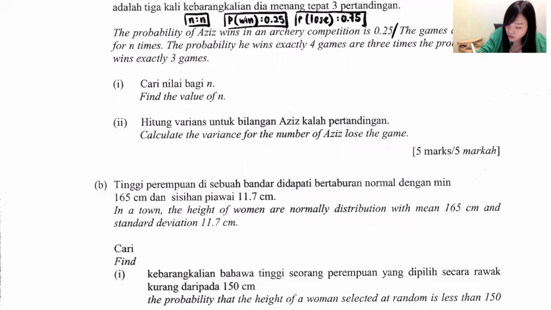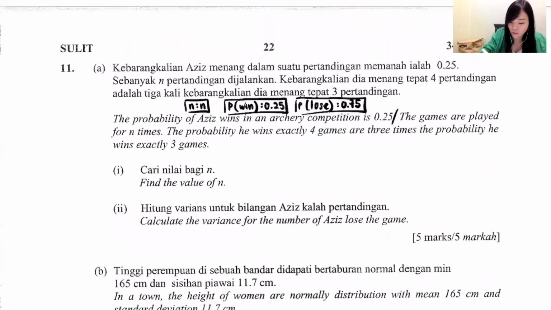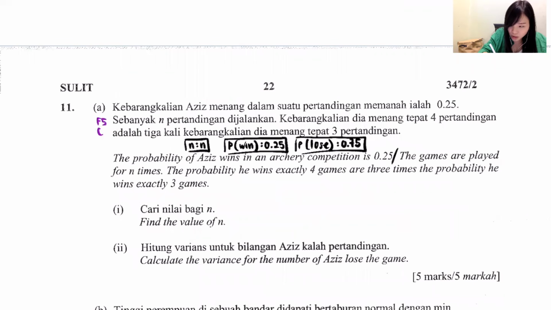By the way, before I continue, I think all of you know this question is under Form 5, Chapter 5, probability distribution, okay?